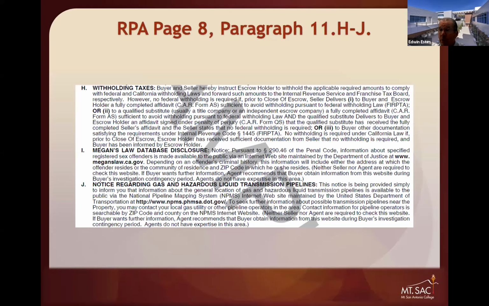If you don't want that withholding to be made, then the seller must present that AS form to the buyer or to escrow if escrow agrees to act as a qualified substitute. Independent escrow companies, title insurance companies, banks, okay, all typically are willing to act as a qualified substitute. Who cannot act as a qualified substitute?